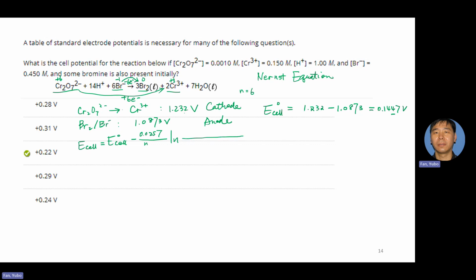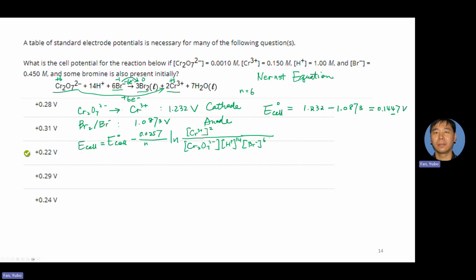For the products, bromine is a pure liquid, so we don't need to include it. Chromium 3+ has coefficient 2. Water is a pure liquid, so we don't include it. For the reactant side, we have dichromate 2- concentration, coefficient 1, then the proton concentration to the 14th power, and the bromide concentration to the 6th power.